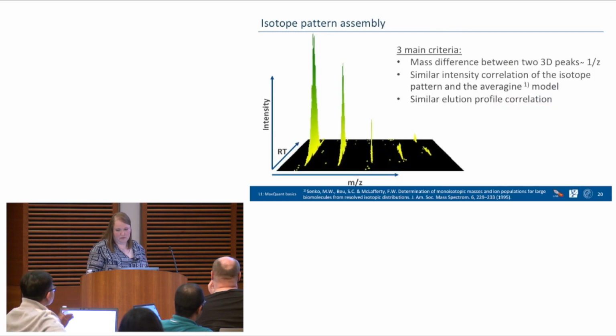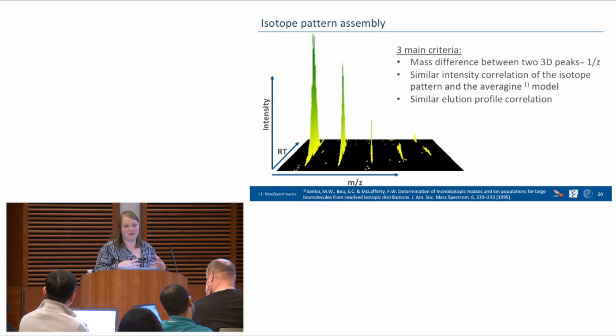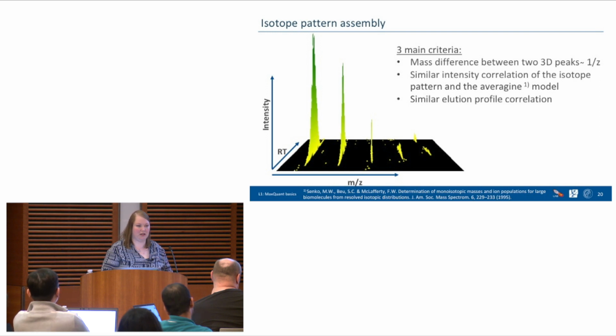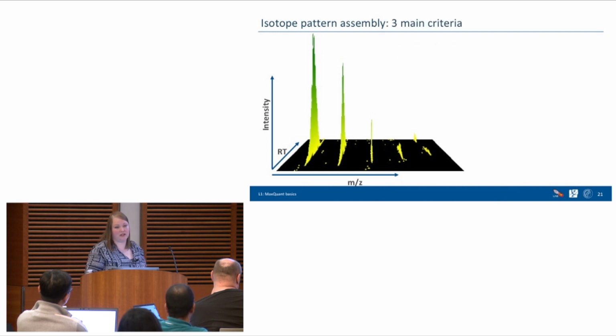Then we have detected and assembled the 3D peak, and as I said, we do this with every peak, and then we try to find the isotopic patterns of these peaks. We have 3 main criteria, and they have to be fulfilled in order to get an isotopic pattern.